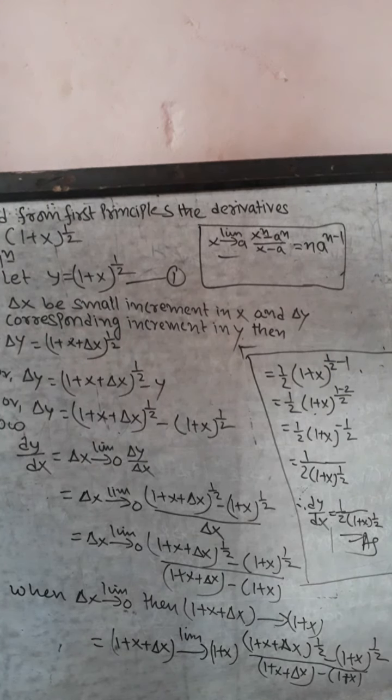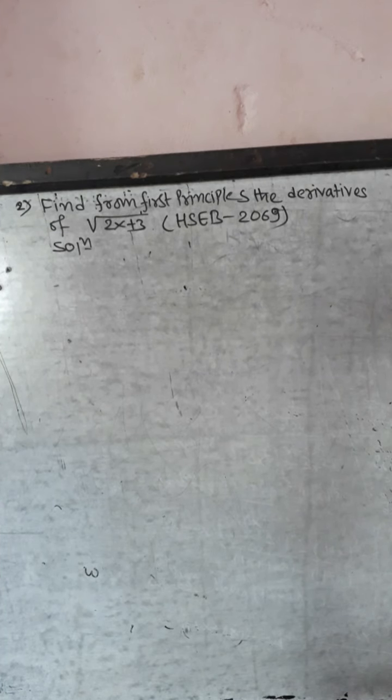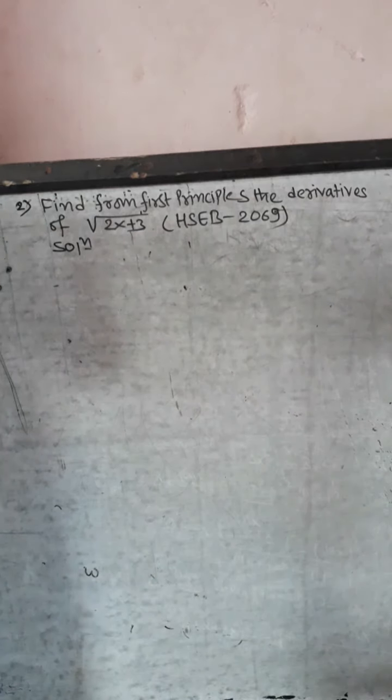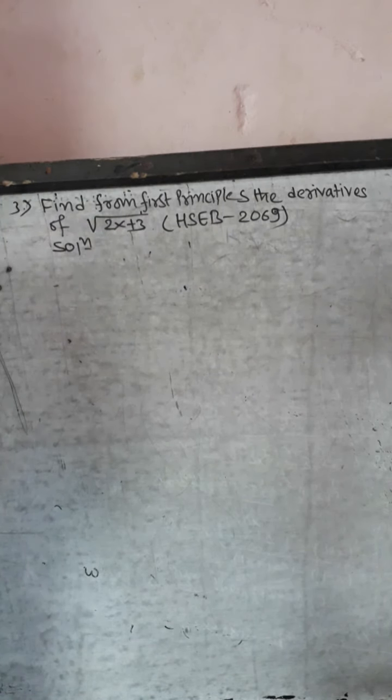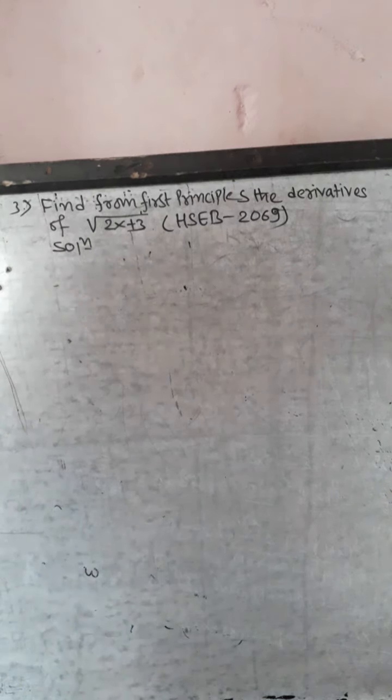Now let's do one more example. Okay, let's see on the board. Now another example, example number 3, we are going to do, to find out the derivatives from the first principle only, and this question is from the HSEB 2069.